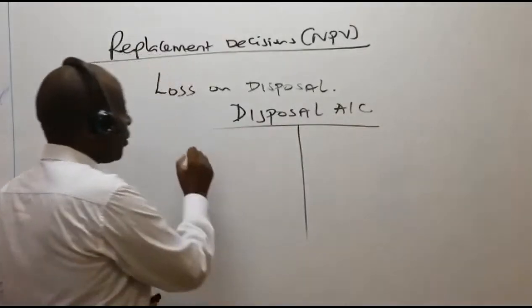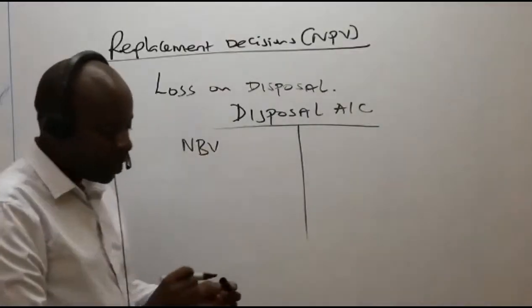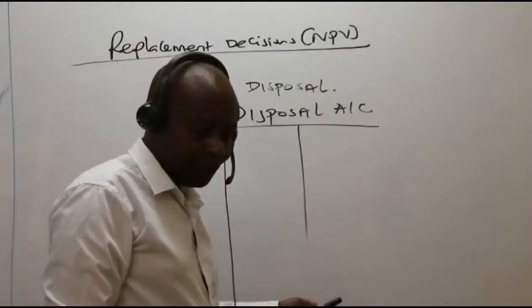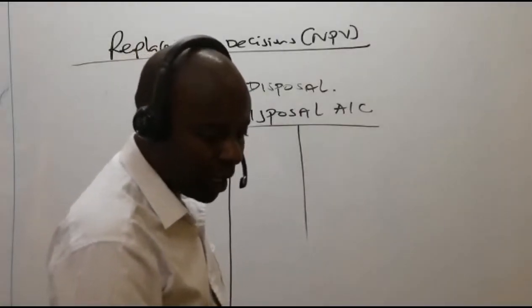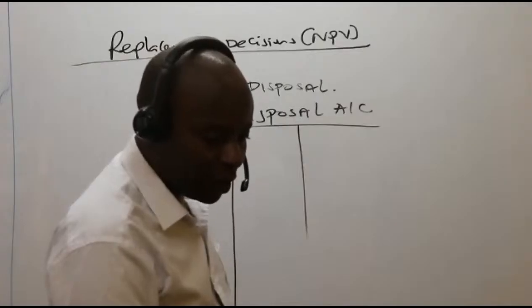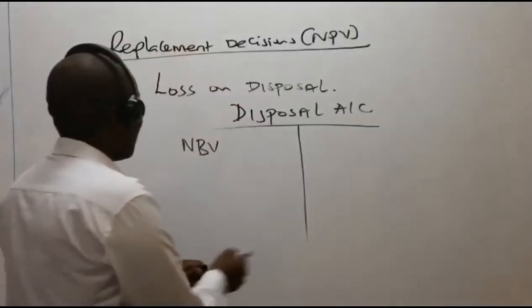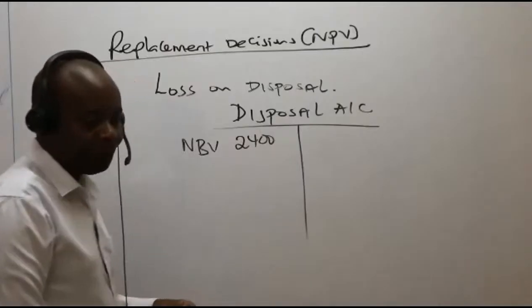You start by debiting the disposal of the old machine account with the net book value of this particular machine. They have told us here the old machine has a current net book value of 2.4 million. So this is what I bring first here. I would want to put my figures in thousands, so 2,400 like that.